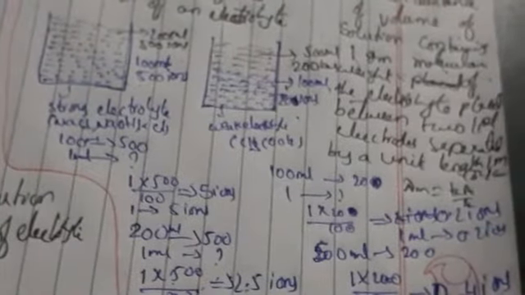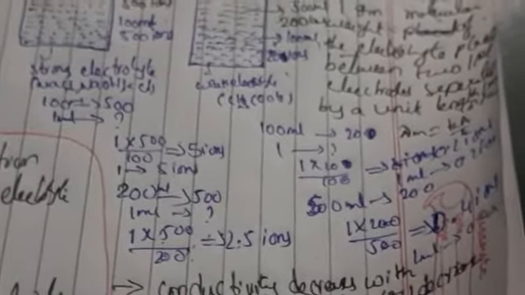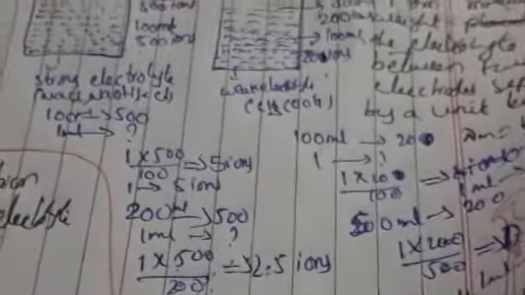It is also increasing because the K value is decreasing. When dilution goes on increasing, the conductivity decreases, and the dilution of a solution is more than the increase in volume. So it is opposite, and it is going to increase.